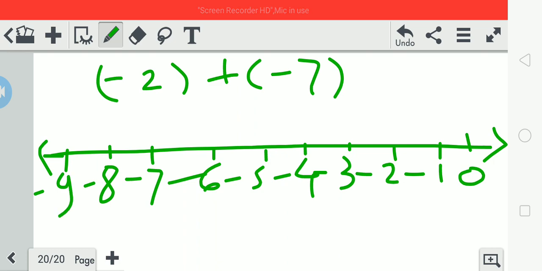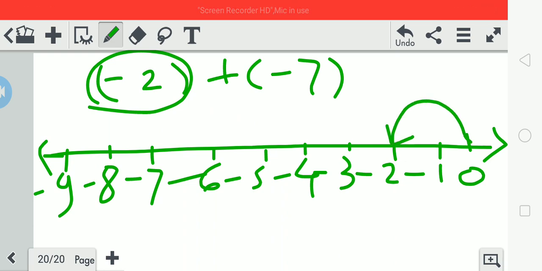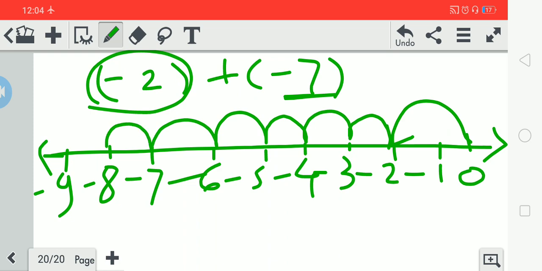Okay. Your first number is minus 2. So take a direct move to minus 2. Second number is minus 7. Minus means left move 7 times. 1, 2, 3, 4, 5, 6, 7. So you will reach at the minus 9 position. So your answer is minus 9 in this case.